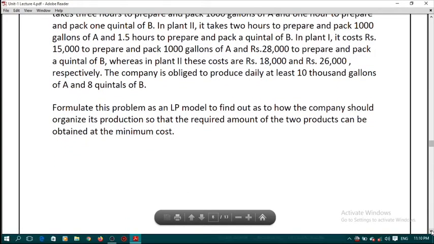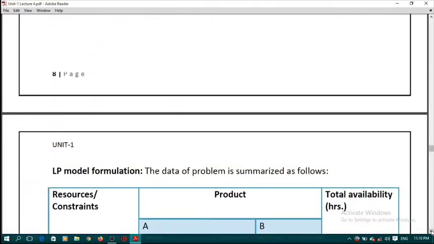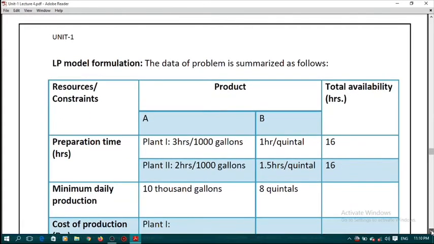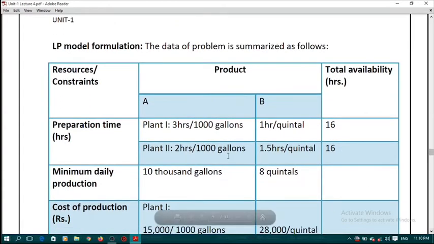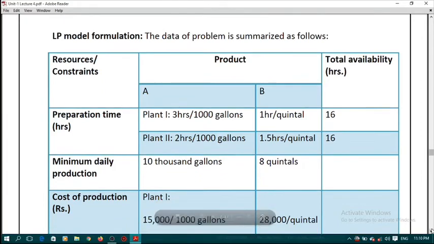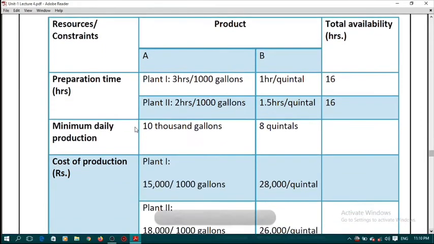So let's represent all those data in a tabular form. For LP model formulation, the data of the problem is summarized as follows. Here we have resources, or you can say constraints. Here we have two products, A and B, and the last column is total availability in hours. First we have preparation time in hours.